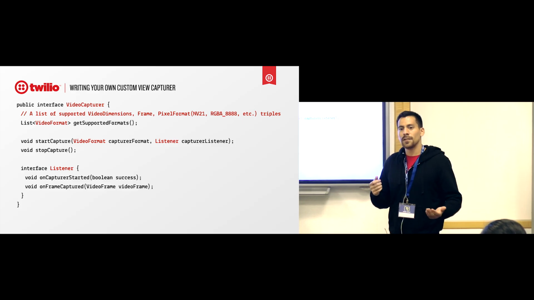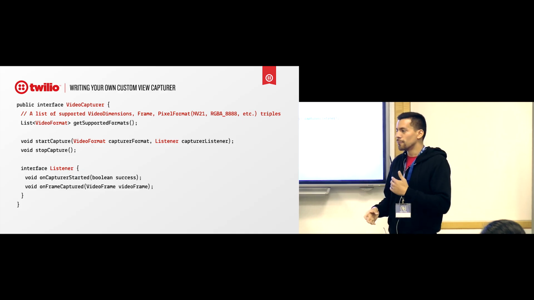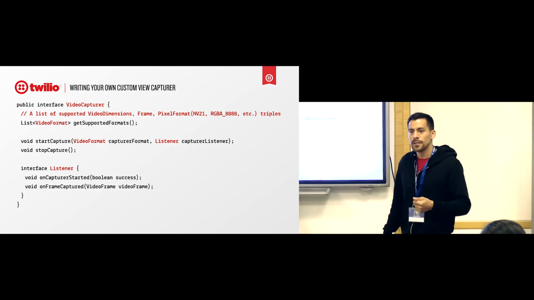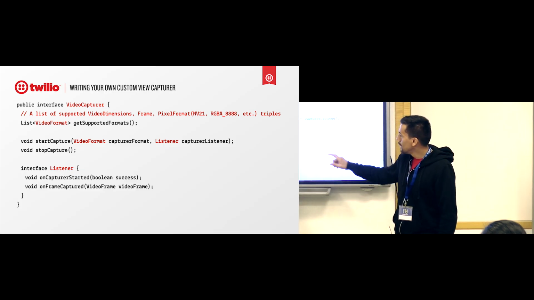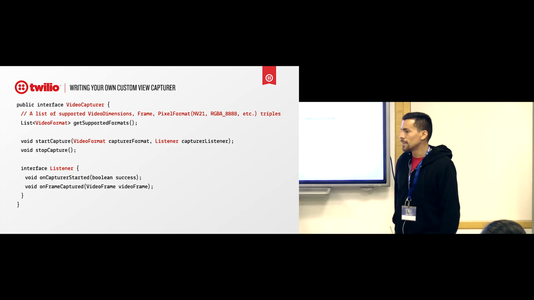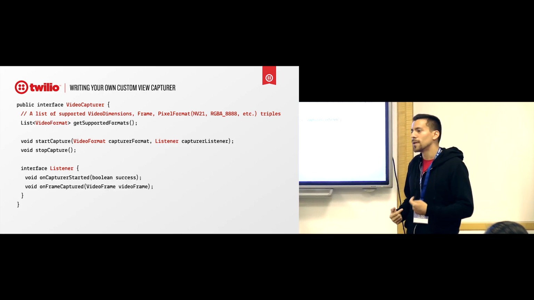This will be called by us, and it allows you to start whatever run loop, event loop, or thread loop will provide us with frames. And then stopCapture. When you call addLocalVideoTrack on the local media, we'll call startCapture. At the bottom here, the listener is something you use to provide us with information.